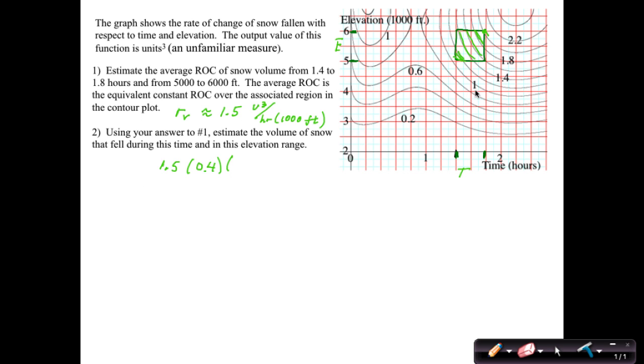It's not going to be negative. Yeah, 1,000, so it's just a 1. And so what does that equal? We got a number that says 0.6? And then what are the units on that? Yeah, volume units, right? So whatever the volume is.